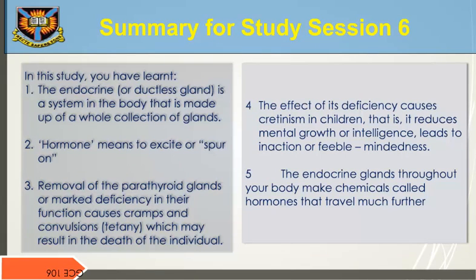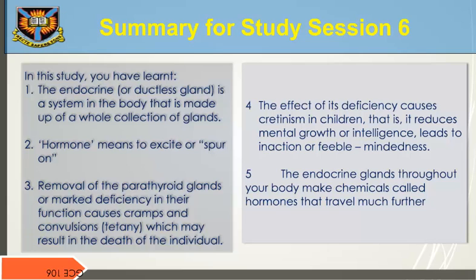Summary of study session. In this study session, you have learned that: 1. The endocrine or ductless glands is a system in the body that is made up of a whole collection of glands. 2. Hormone means to excite or spur on. 3. Removal of the parathyroid glands or marked deficiency in their function causes cramps and convulsions, tetany, which may result in the death of the individual. 4.